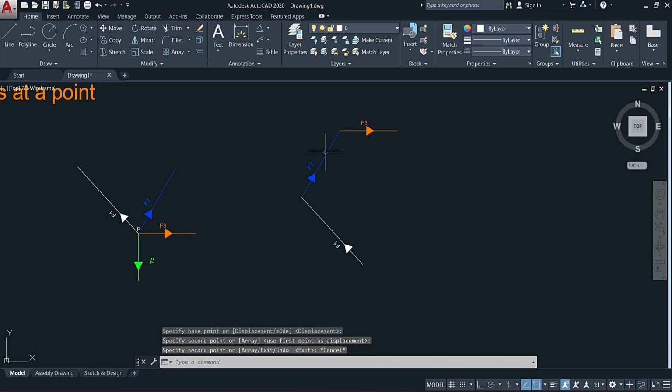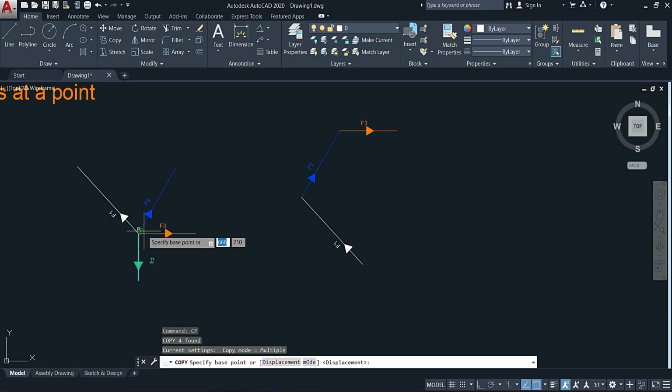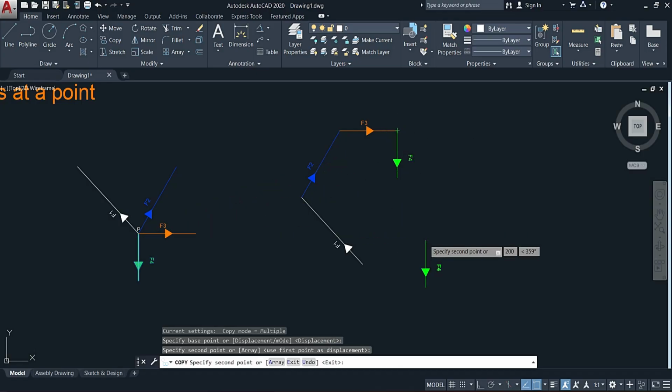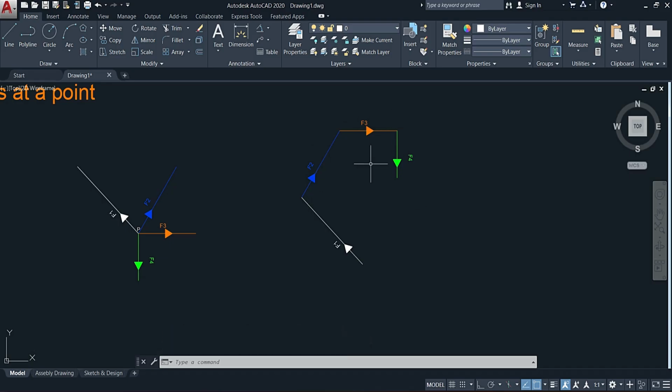Then I'm going to copy force 4, and I'm going to make my base point still point P right here, and I'm going to place the tail of force 4 to the head of force 3. Now you realize that it's literally forming a path around, creating something like an enclosed polygon.